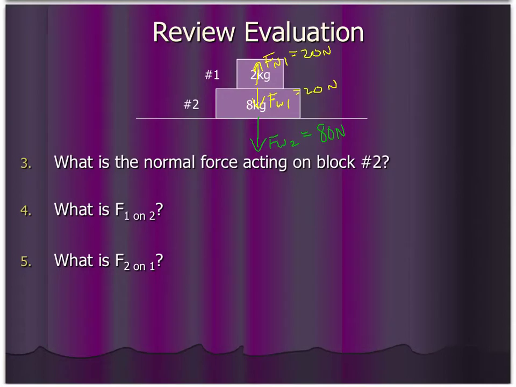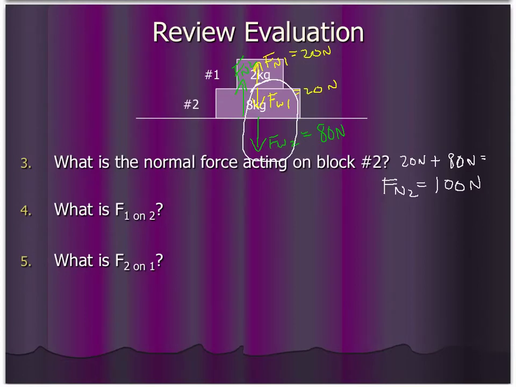But now, when I consider its Fn, which I'll just draw over here a little bit, I know that I not only have to consider the weight of box 2, but I also have to consider the weight of box 1 because it's sitting on top of it, pressing down on it. And so to determine that normal force on box 2, I have to take the 20 newtons from box 1 plus the 80 newtons from the weight of block 2 to give me a total Fn of 100 newtons on box 2.